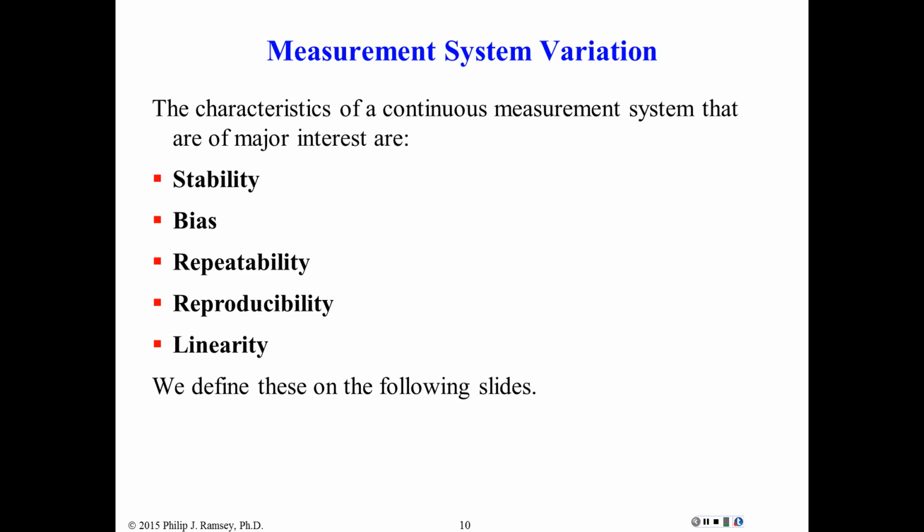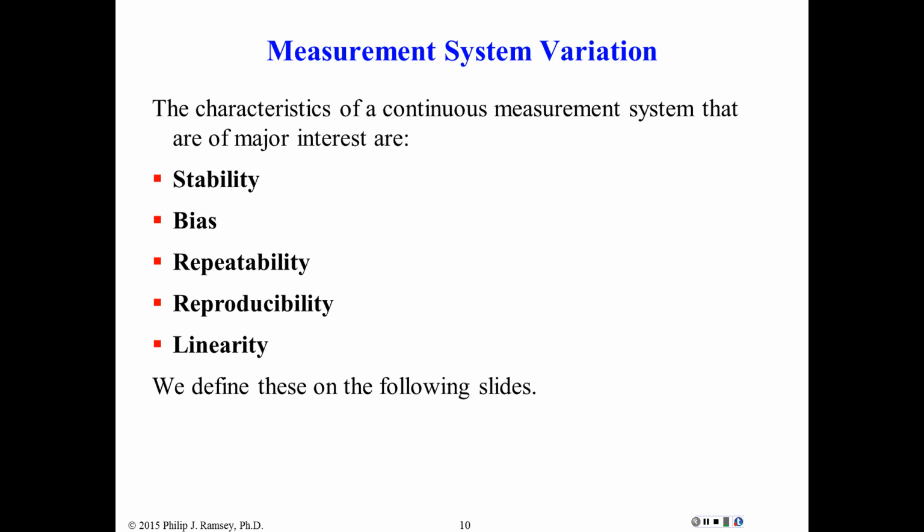Okay. So on slide 10, I just mentioned 5 general attributes that people talk about with a measurement system. Stability, that is, if I measure the same units or same standards over time, on average, does the measurement system give me the same level of measurement?